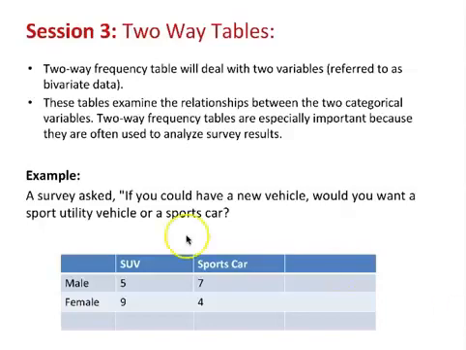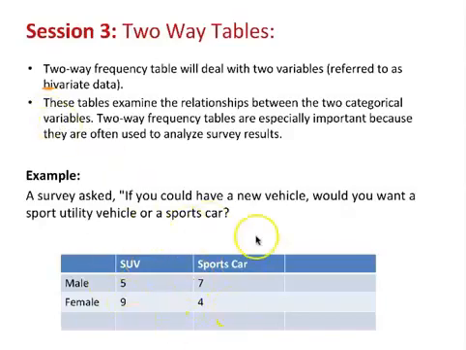Bi, you get that prefix bi meaning two. So two types of variables that we are referring to. And we can use two-way tables to examine the relationships between two variables. And we can use that table then to analyze survey data.